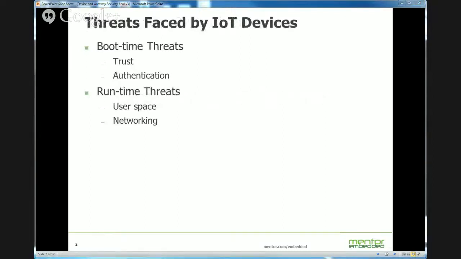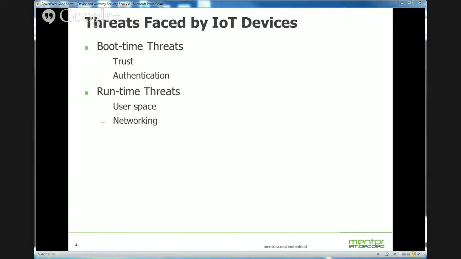Well, certainly boot time threats. There's a need for trust and authentication. There needs to be some way to ensure that the boot code and the OS have not been maliciously tampered with. Some sort of authentication is needed to ensure software updates and upgrades, and the software that's actually loaded, is verified to be authentic.